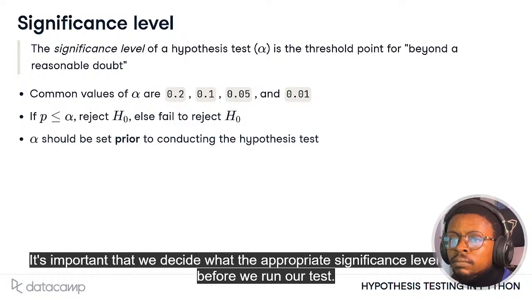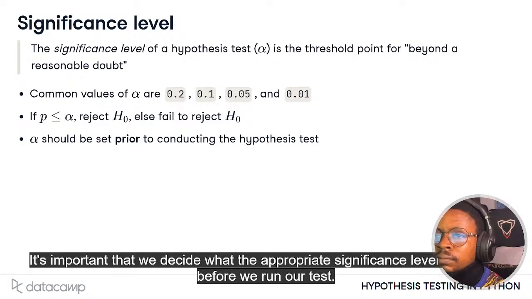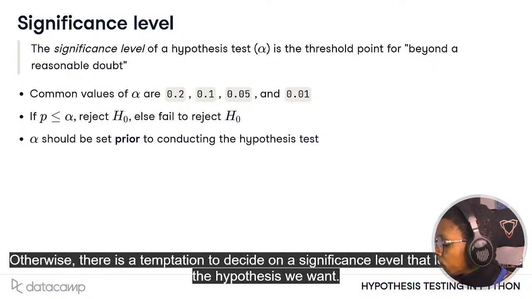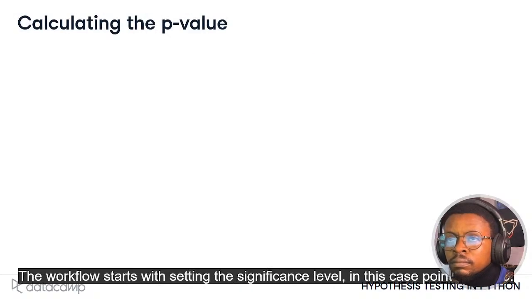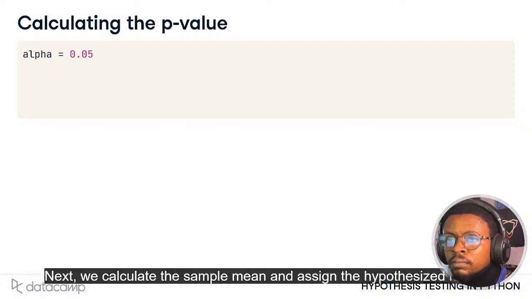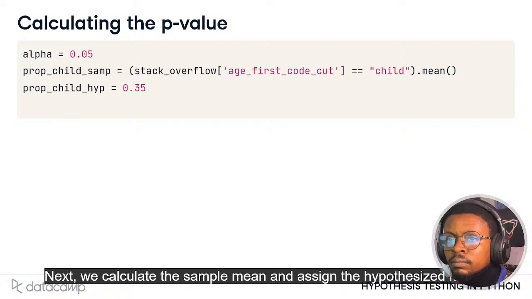It's important that we decide what the appropriate significance level should be before we run our test. Otherwise, there is a temptation to decide on a significance level that lets us choose the hypothesis we want. The workflow starts with setting the significance level, in this case, 0.05. Next, we calculate the sample mean and assign the hypothesized mean.